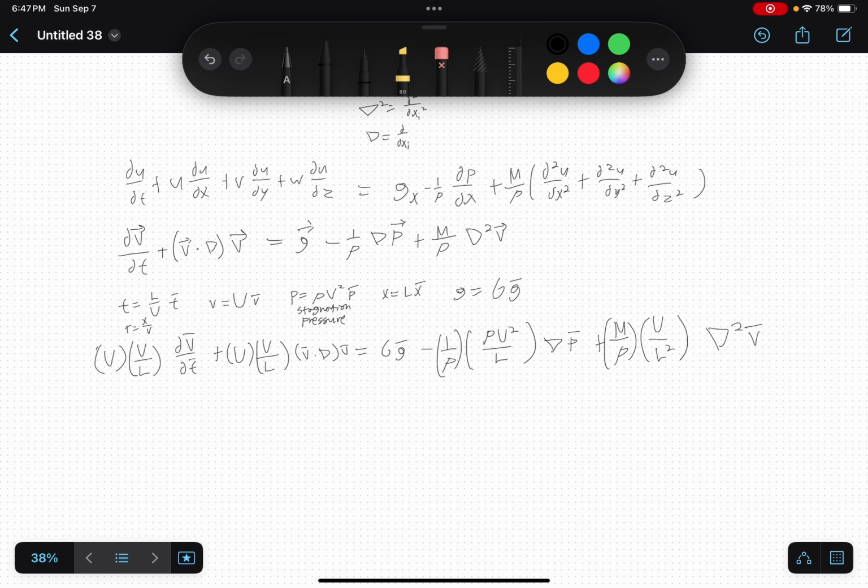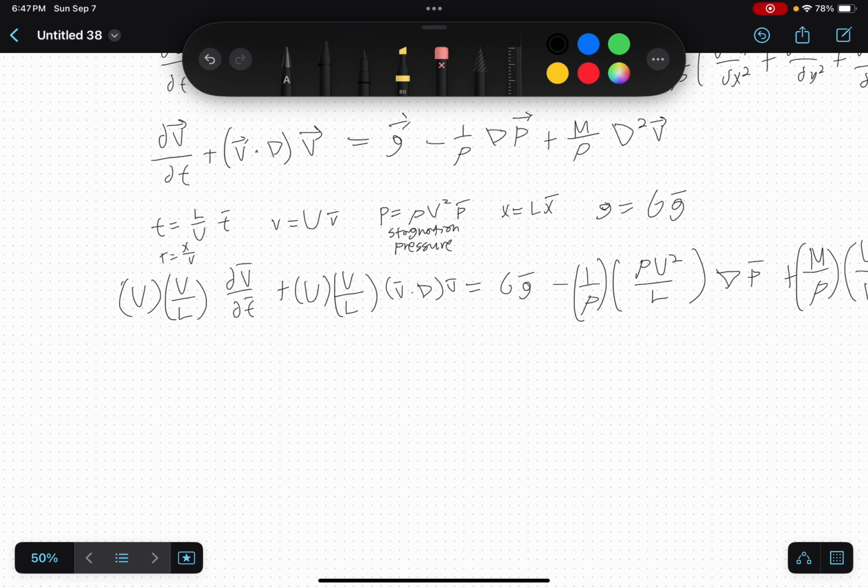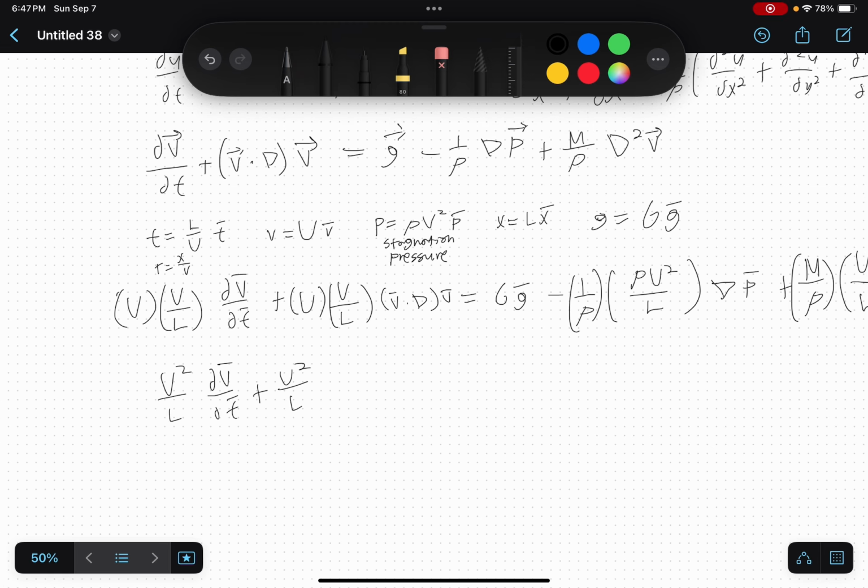Cool. Now, I can multiply this stuff out. So I get a U squared over L dV/dt plus U squared over L V dot grad. It's a terrible grad, but that's fine. Equals G. Those would cancel out.